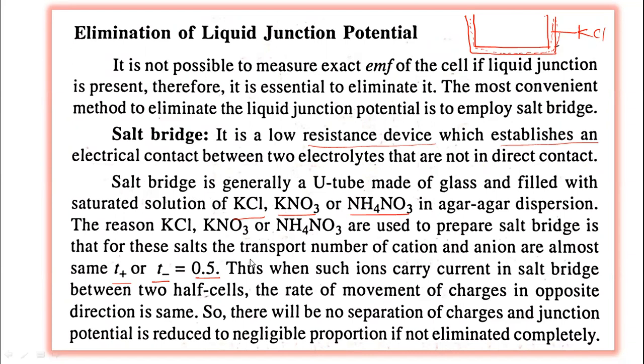So when such ions carry current in a salt bridge between the two half cells, the rate of movement of the charges in opposite directions is the same, as they have the same transport number. So there will be no separation of charges and the junction potential is reduced. Junction potential can be reduced with the help of the salt bridge.